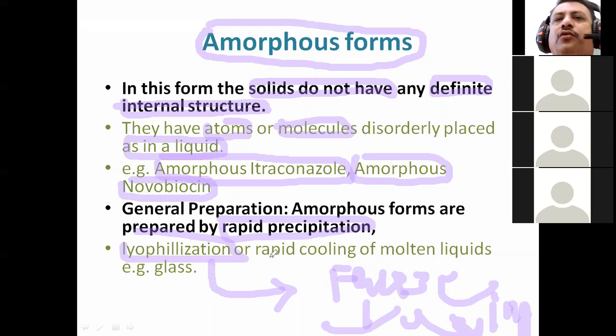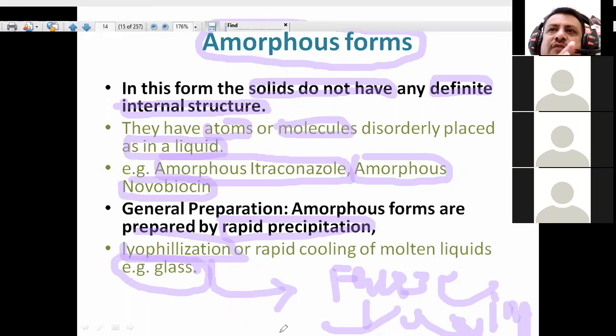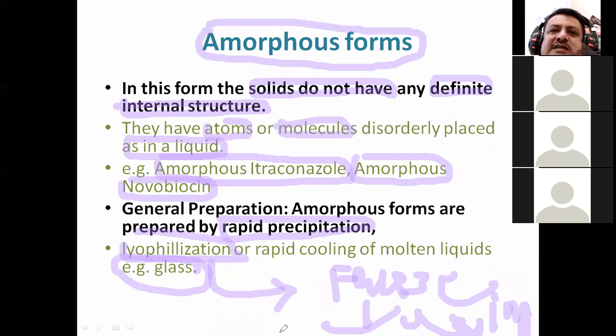Or cool wrapping, that is, rapid cooling of the molten liquid, is done. One of the classical examples is glass. Even though glass looks solid in nature, its actual form is an amorphous form. So shall we move further? I hope this point is clear to everyone.